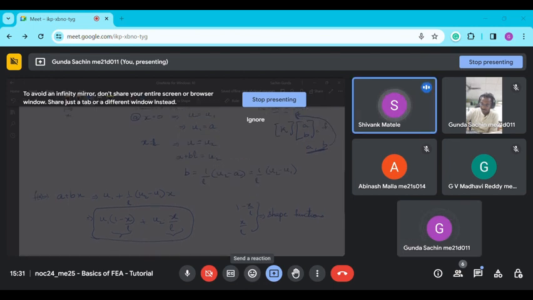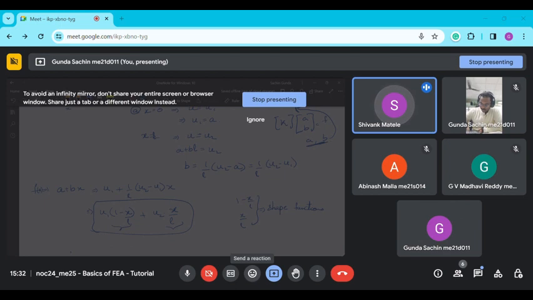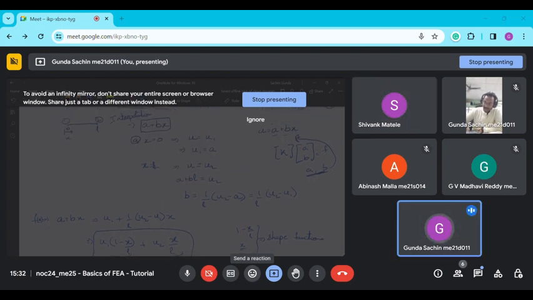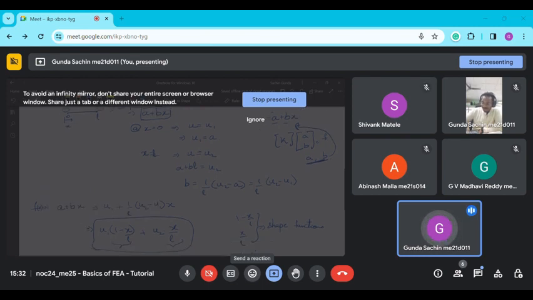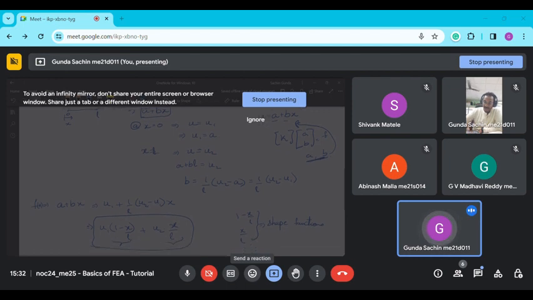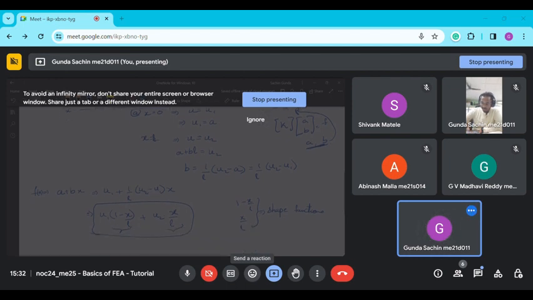So basically we have one interpolation function and we are breaking it into two functions. Yes, we are just rewriting it in terms of nodal solutions.